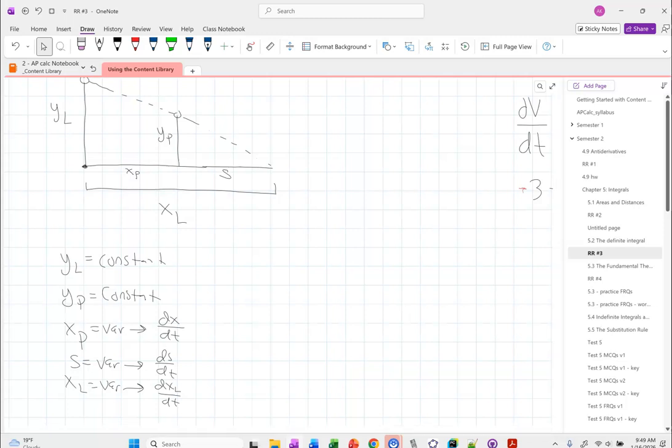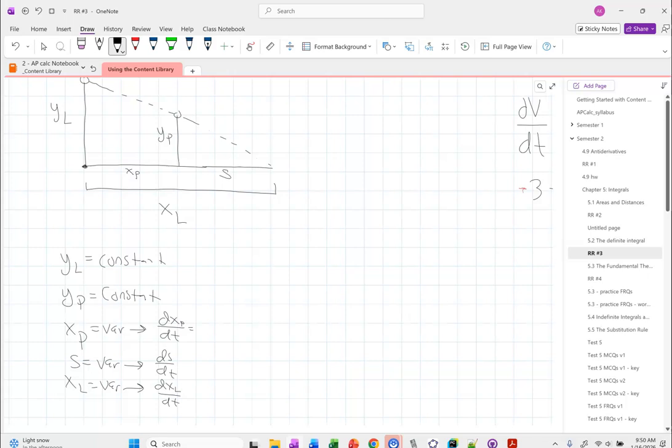This okay so far? Now, in the question, we're told that we're walking away at a rate of 1.5 meters per second. So that's this xp, right? It's walking away from the lamp post.